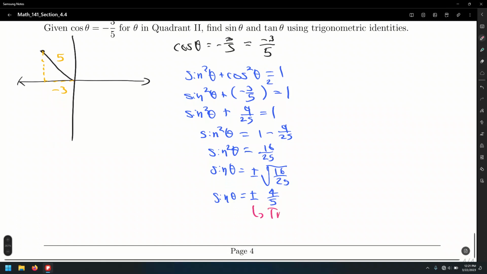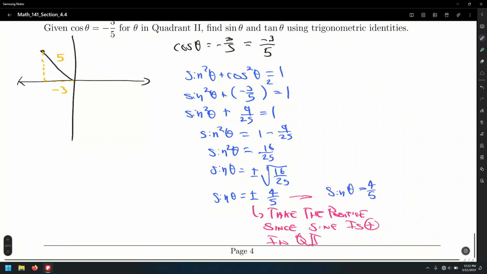So take the positive since sine is positive in quadrant 2. All right, that's why we would take the positive one. So in this case, sine theta equals 4 over 5.